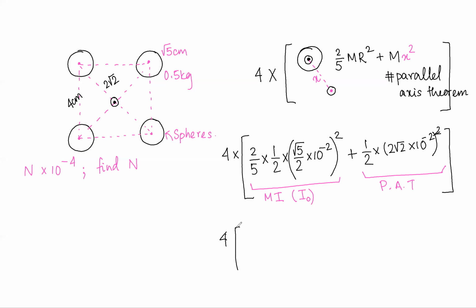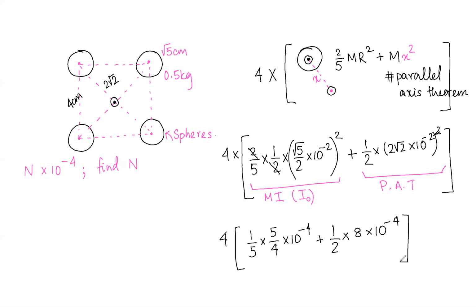So you have 4. In the first one, I think you can cancel this. So you'll have 1 by 5. And then you'll have multiplied by 5 divided by 4, into 10 to the power minus 4, plus 1 by 2 multiplied by the square of 2 root 2. So that is just 8 multiplied by 10 to the power minus 4.